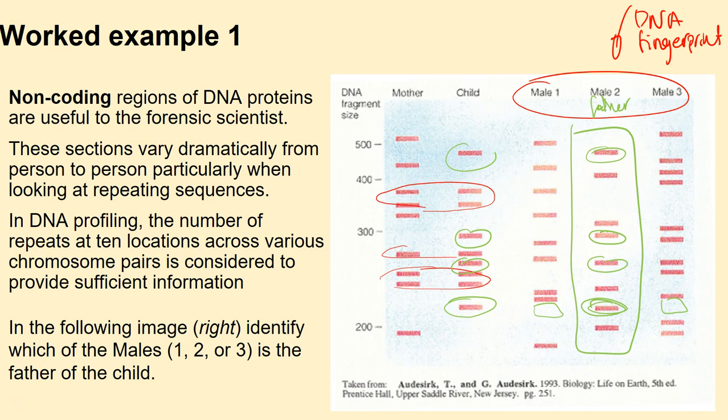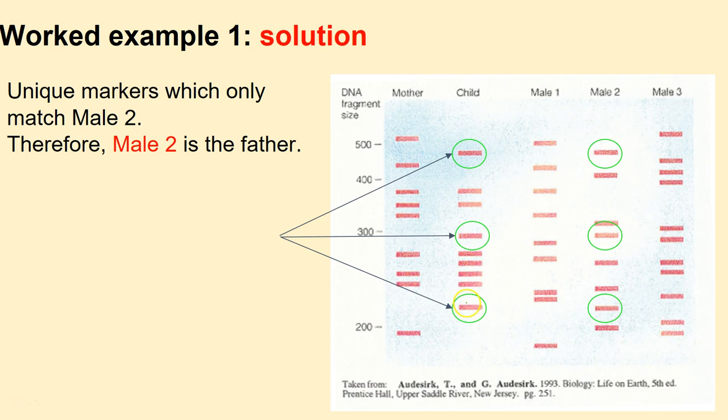So we can see that this child is a combination of this mother and this father here, and then we can use that to help us identify the father. These 3 here coincide with male 2, and we don't have that same similarity between male 1 and male 3 with the child. So male 2 is most likely to be the father.